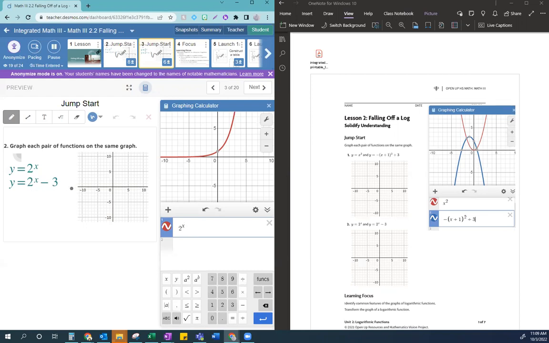So can you imagine why this moves down 3? What's the language that I'm trying to get you to understand? Why would it affect down 3?